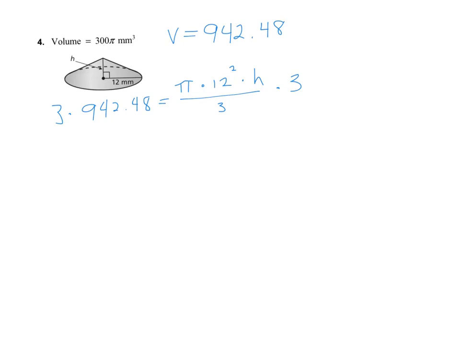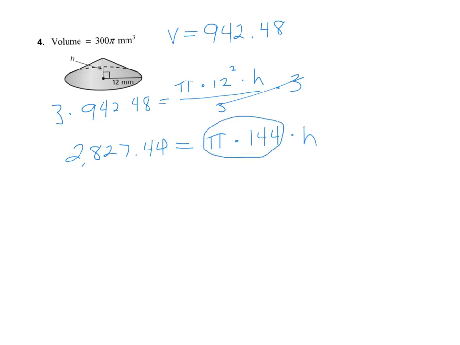So 942.48 times 3 gives me 2,827.44. And that's going to be now equal to pi times 12 squared, which is 144, times h. Now we did this before.